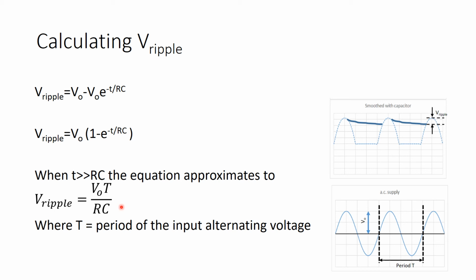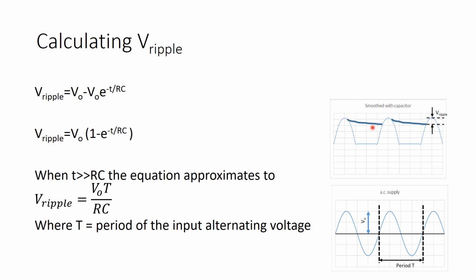Because if you think about it, the time constant is defined as the time for the voltage to reduce to 37% of its original value. Well, we don't want it to have dropped that much in this time here, before we get our positive supply, which is increasing and charging our capacitor again. So in this time here, we do not want to have reduced our output to 37%.